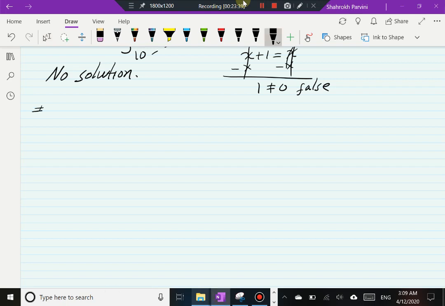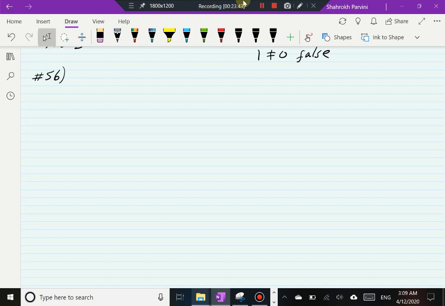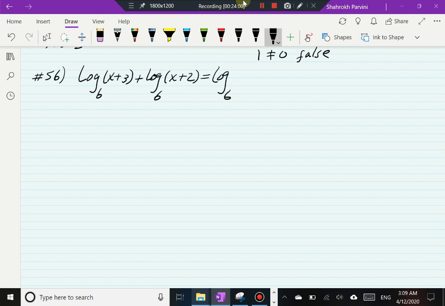Okay, let's take a look at number 56. In exercise number 56, here we have an equation that has several logs in it: log of x plus 3 plus log of x plus 2 equals a log on the other side. So again, here's an example of having logs on each side of the equation.